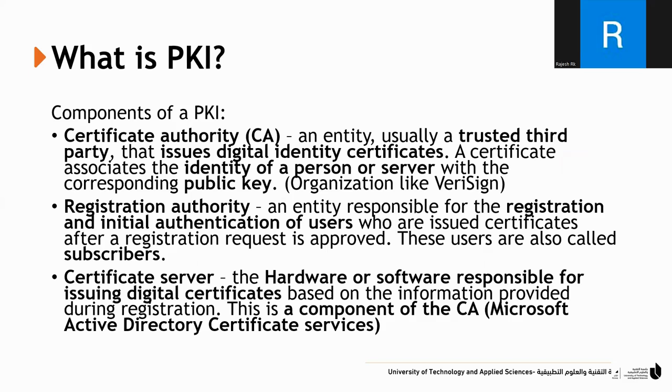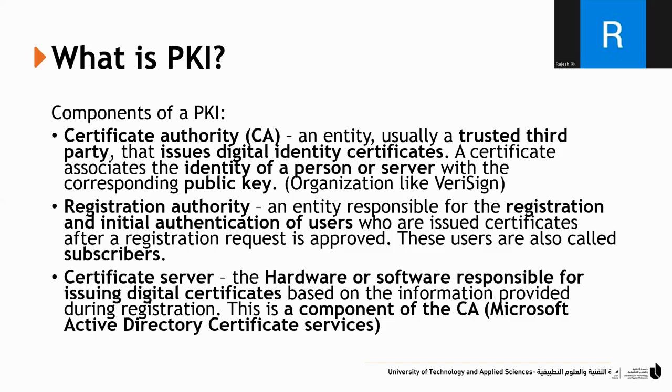Then registration authority. Before you request a certificate from the certificate authority, you contact the registration authority and register your details, and this registration server will do the initial authentication of the user. If the user is not registered and authenticated, the registration authority will not forward the request to the certificate authority.